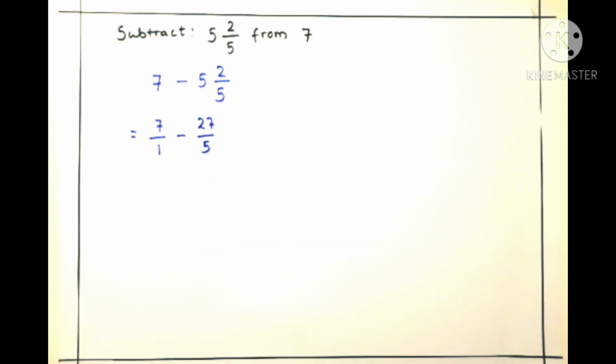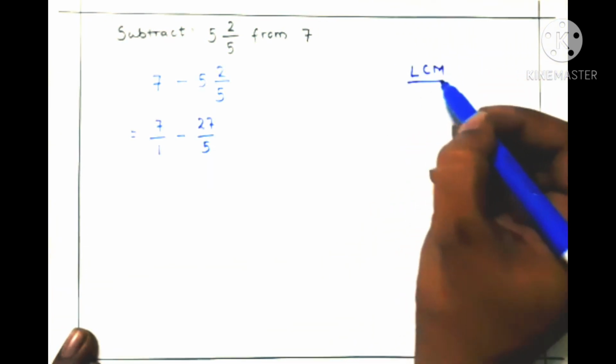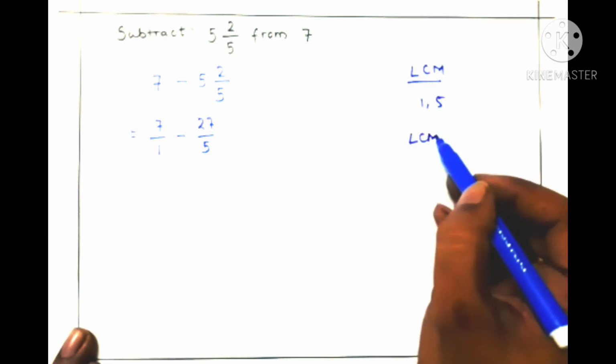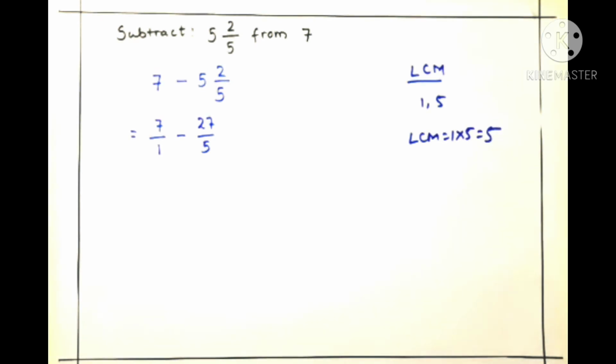Now here the denominators are 1 and 5, and we know the LCM of 1 and 5. The LCM of 1 and 5 we cannot find by dividing, so the LCM will be 1 into 5, that is 5. So here we need the denominator as 5.